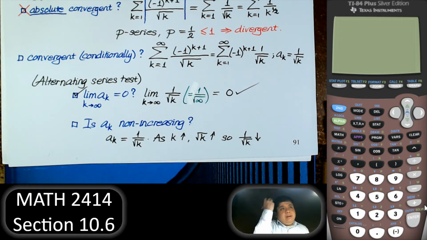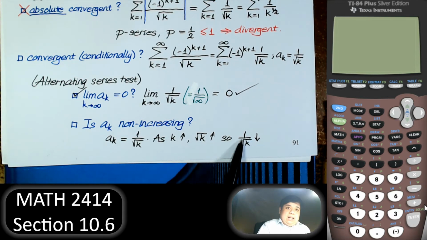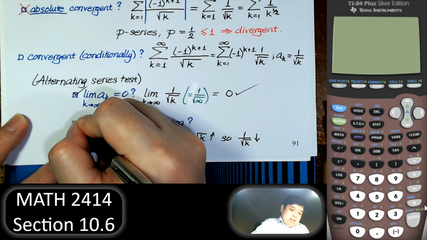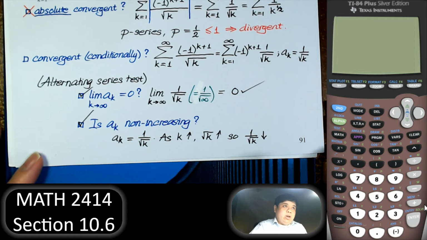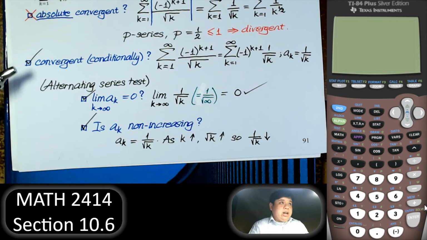If k is getting bigger, square root of k is getting bigger, and the bigger the denominator, the smaller the quotient, so that one decreases. So if it is decreasing, then yes, that box checks as well. Since both of these are satisfied, we check that box.